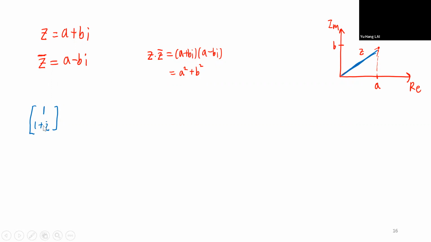For every entry in this vector, I allow you to put in any complex number. Of course, not all of them have to be complex numbers, because real numbers are also a subset of complex numbers. But anyway, this is an example of a complex vector.